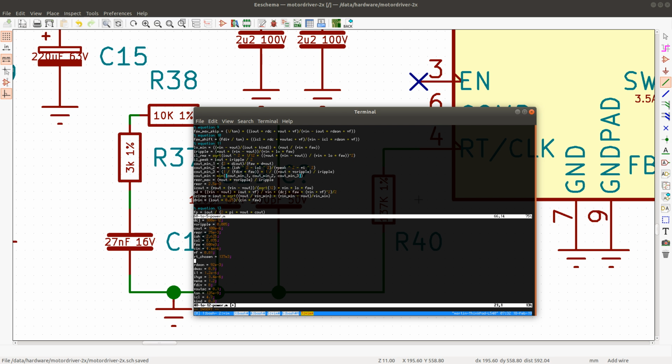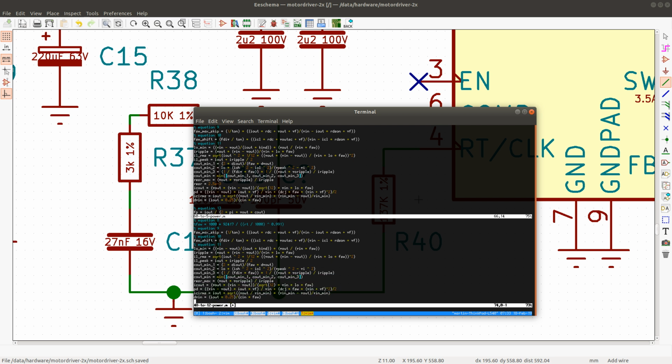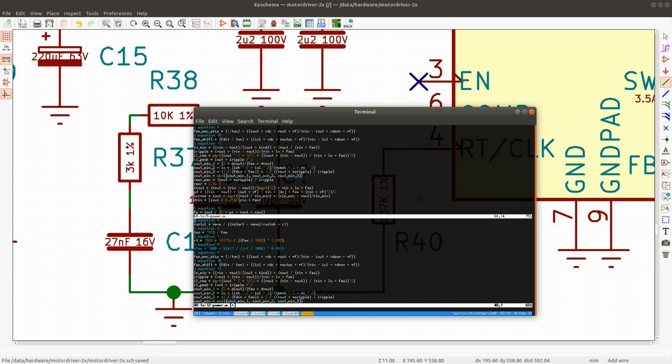And then we have, I wonder if I need to adjust anything else here.